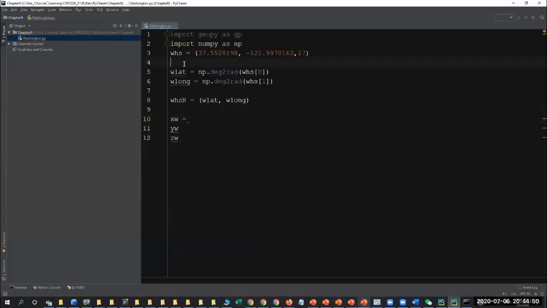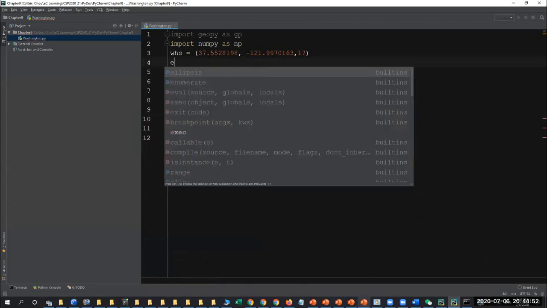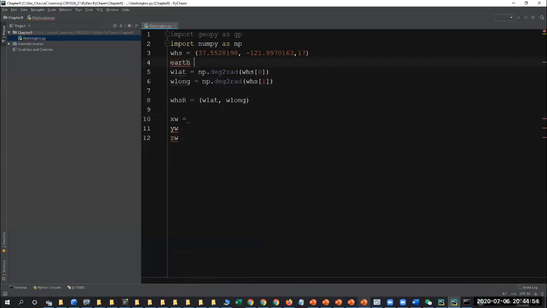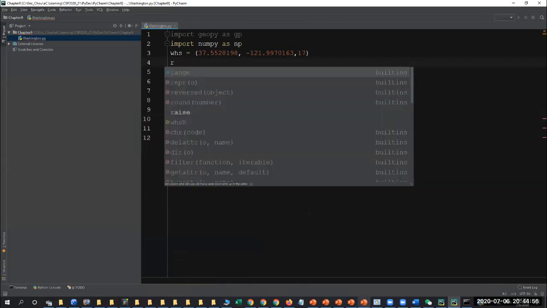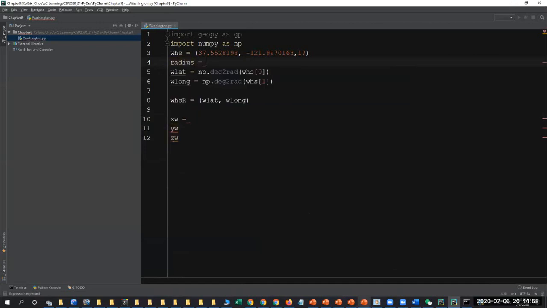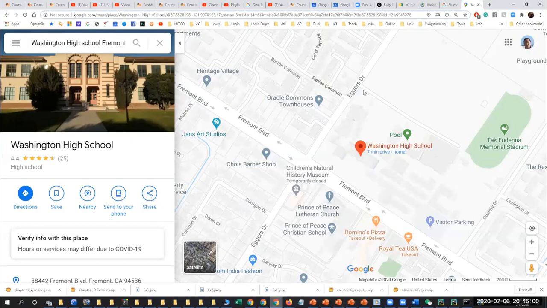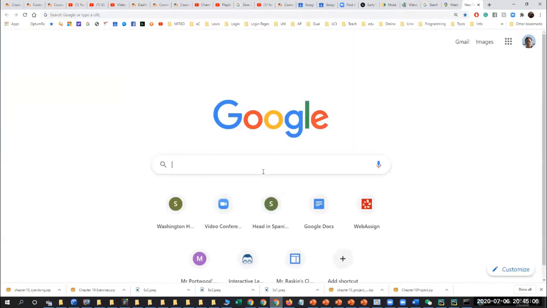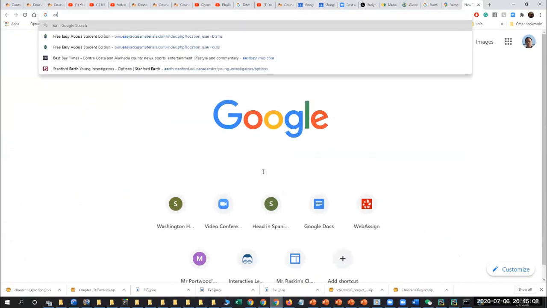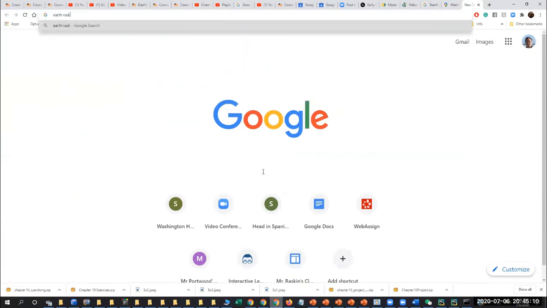So let's do Earth. Let's use R for the radius and try to find Earth's radius.